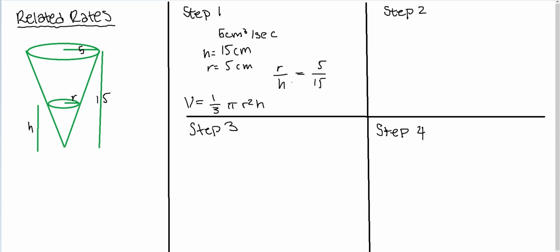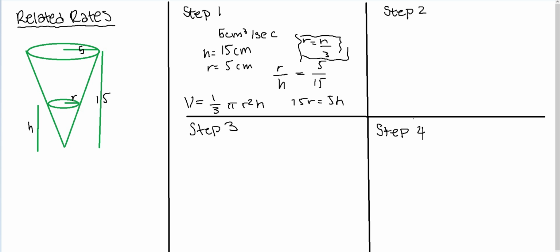So this is a proportion that we have, and we can cross multiply and say that 15r is equal to 5h, and we can also say that r is equal to h over 3. Now that relates both height and radius.